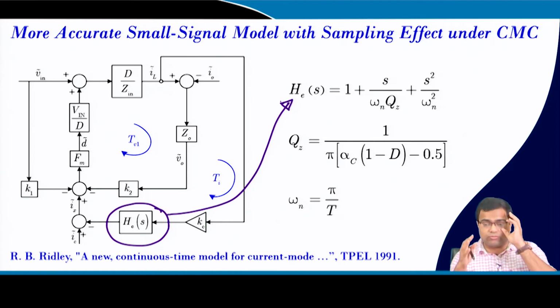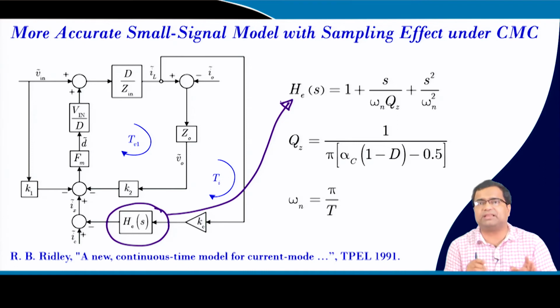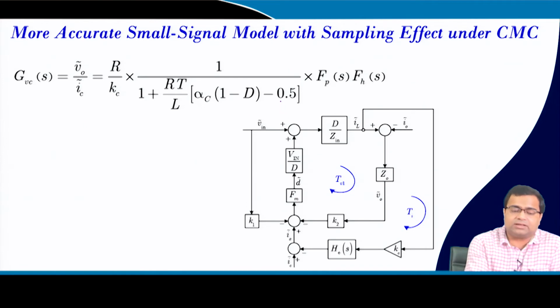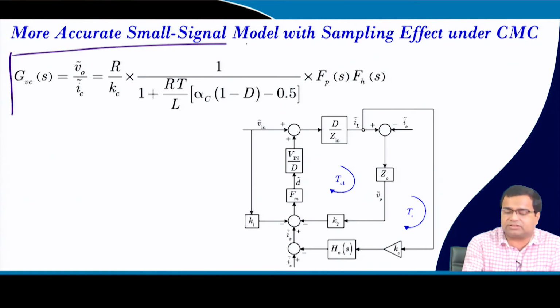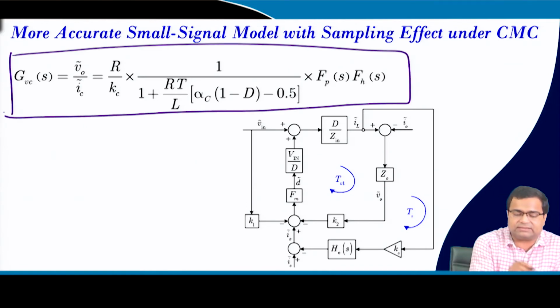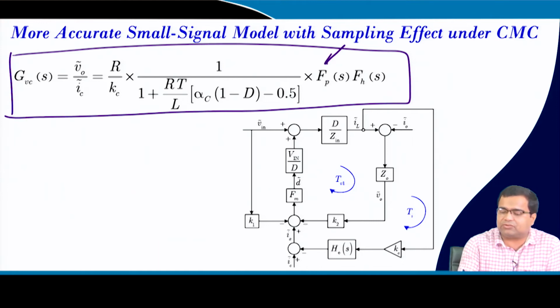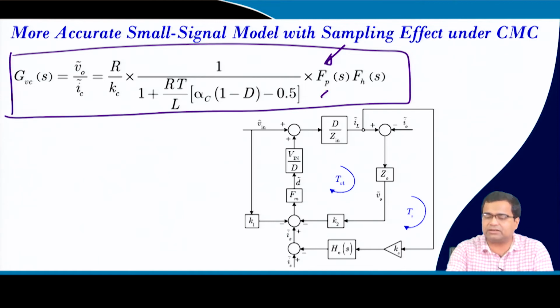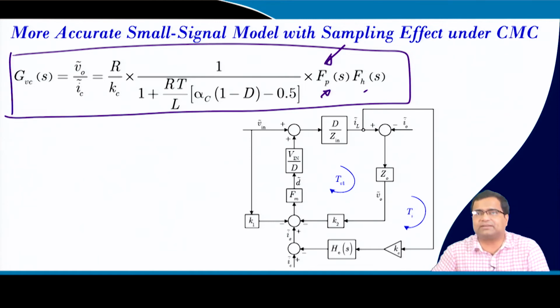We are not going to derive or discuss this in this course because it is left as an advanced topic, but this sampling effect can be included. If you include it, then the control to output transfer function will be written like this. This is similar to our first order model with one ESR zero and one pole, and this is due to the sampling effect, okay.